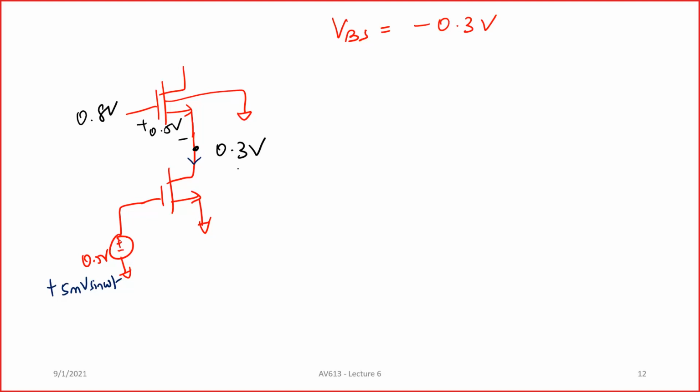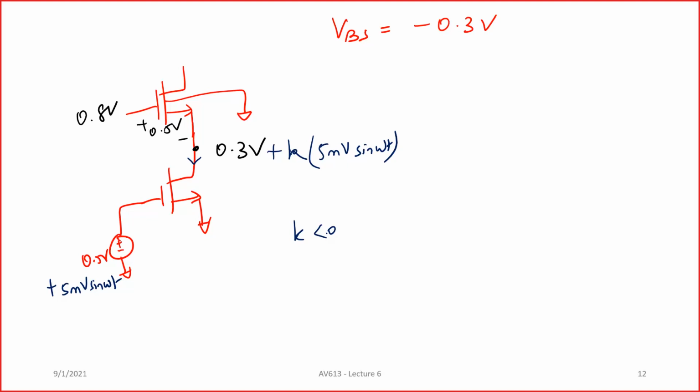So this 0.3 will change by some factor times 5 millivolt sine omega t. In fact, it will be inverse in nature, so if you write plus k, k will be negative. That of course is because of the common source response here.